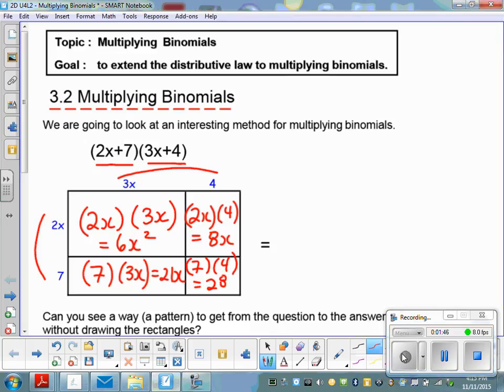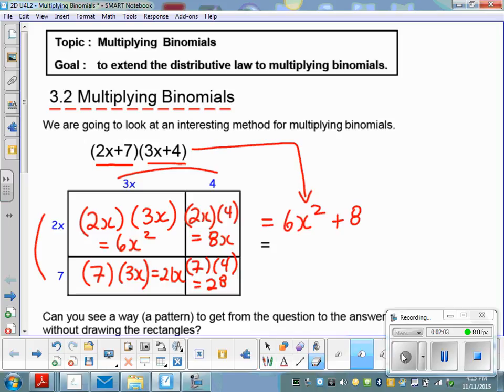And so if I want the area of the big rectangle, which is what I get when I multiply these two binomials together, it's going to look like this: 6x squared plus 21x plus the 8x, and then plus the 28.